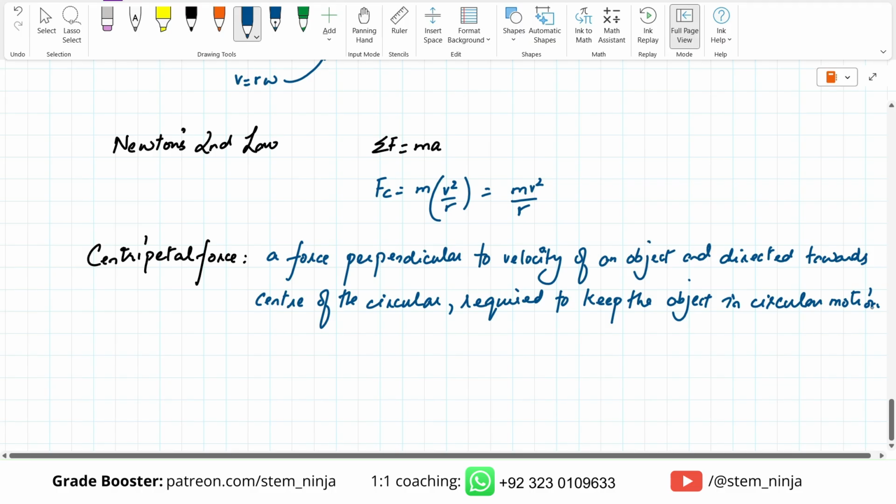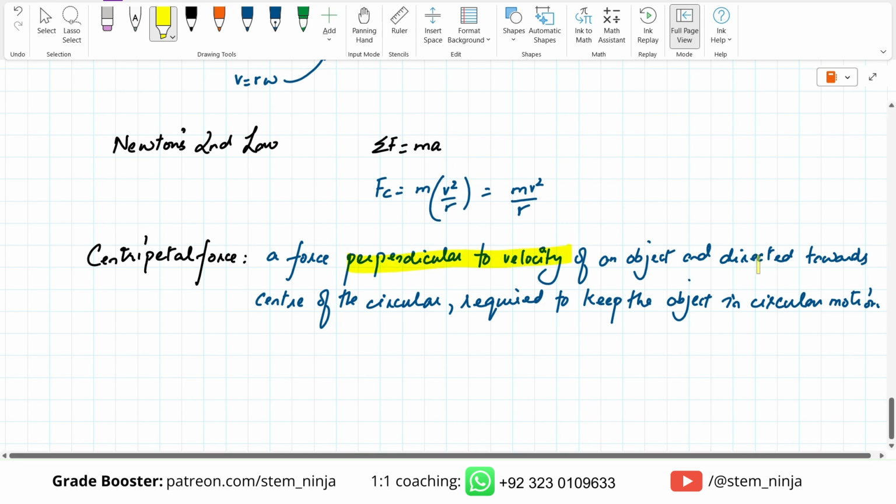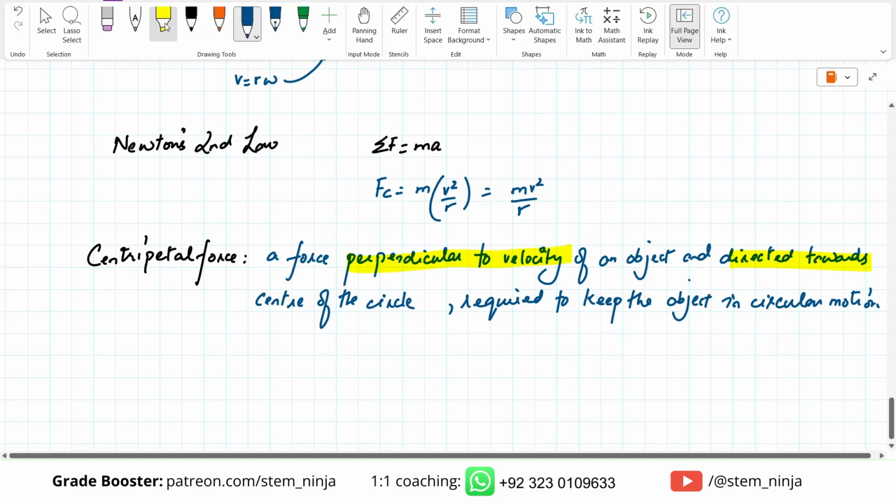That is important. So force, just like acceleration, is perpendicular to the velocity of an object, directed towards the center of the circle, and this is the force that's required to keep the object in circular motion.